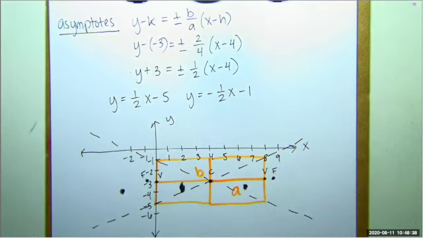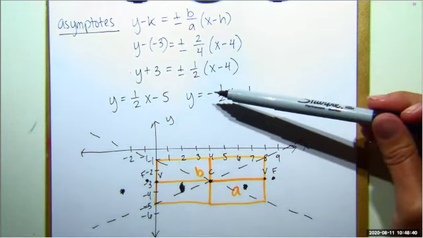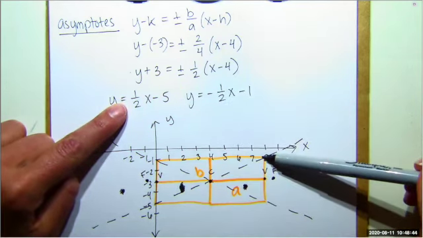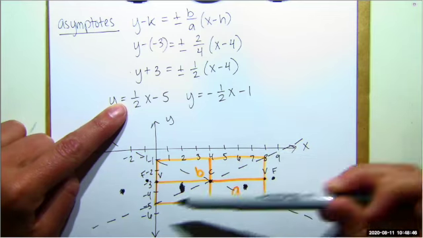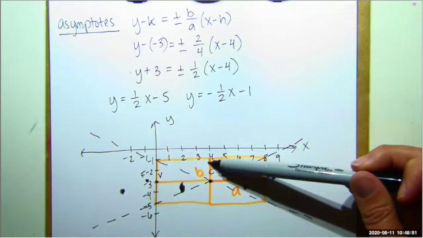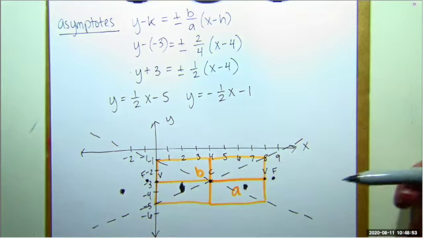Now let's make sure that this matches the equations we had up here. The first one had a slope of positive 1/2, so that's up 2 over 4, which is the same as 1/2. And our y-intercept was -5, so nailed that. The other one had a slope of -1/2 and a y-intercept of -1, nailed that.